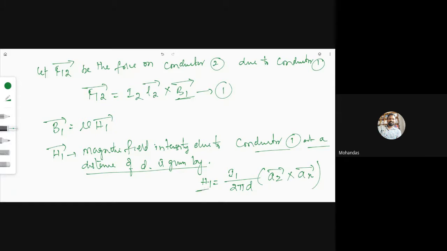Let us substitute this H1 in this equation. Then B1 equal to mu into H1, which is I1 by 2 pi d AZ cross AX. Equation 2. Let us substitute this 2 in 1. This 2, this 1. Okay?